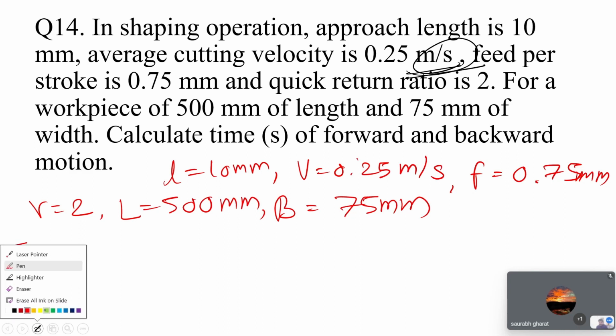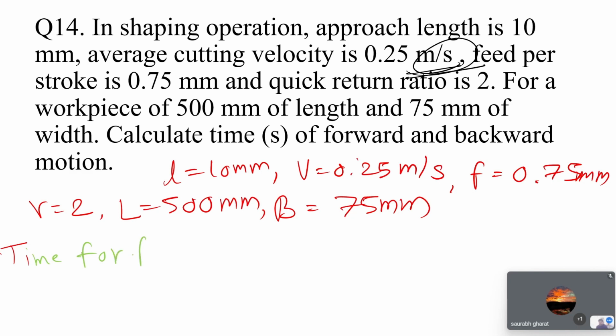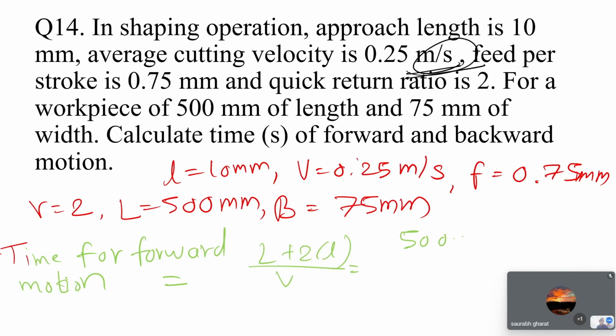Time for forward motion is equal to, you have the formula, L plus 2 into L divided by your V. Okay, what is your L? 500 plus 2 into 10, your approach length, divided by 0.25 into 1000, because it is not in millimeters, it is in meters.